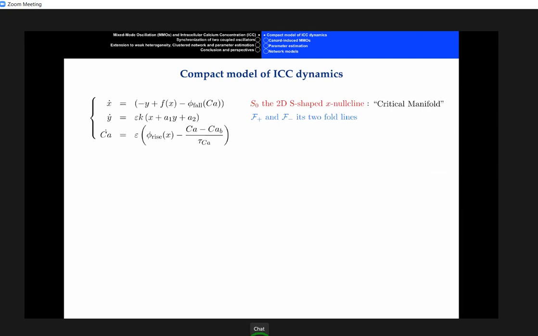For the slow-fast analysis of this model, we have S0, the 2D S-shaped critical manifold of this system. After rescaling the time, we put epsilon equal to 0, and so the critical manifold is given by y equal to f of x minus phi 4 of Cn.